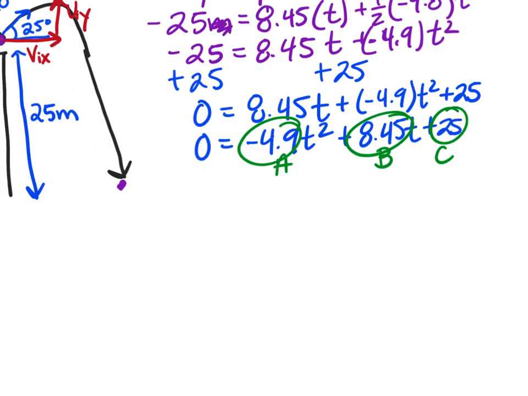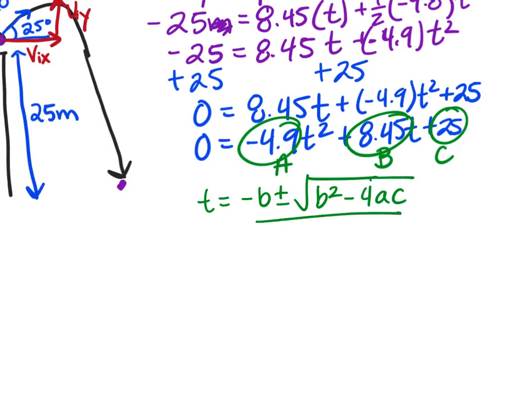All right, so now our quadratic formula is going to be our time is equal to negative B plus or minus square root b squared minus 4ac over 2a. And you're going to end up getting 2 answers from doing this. So I'm going to work out both.